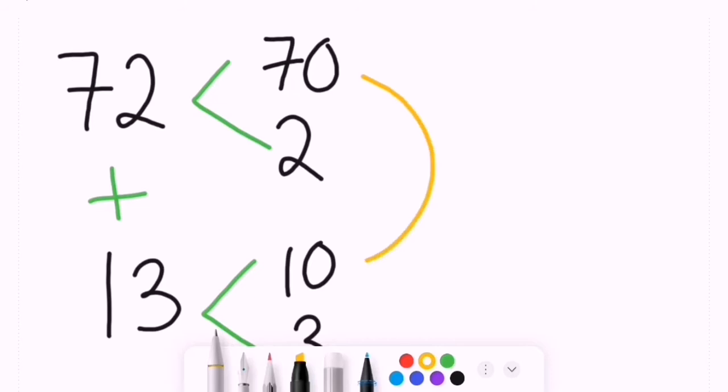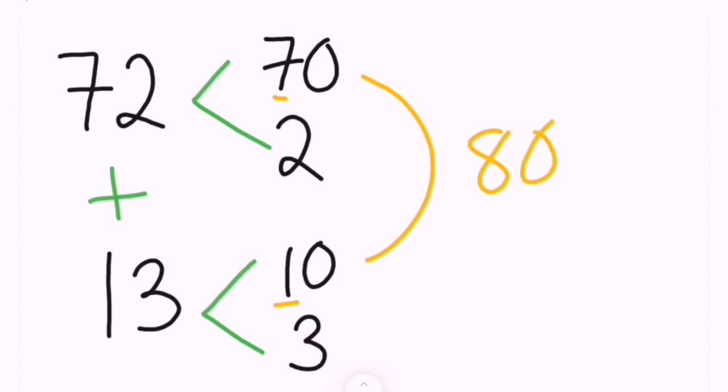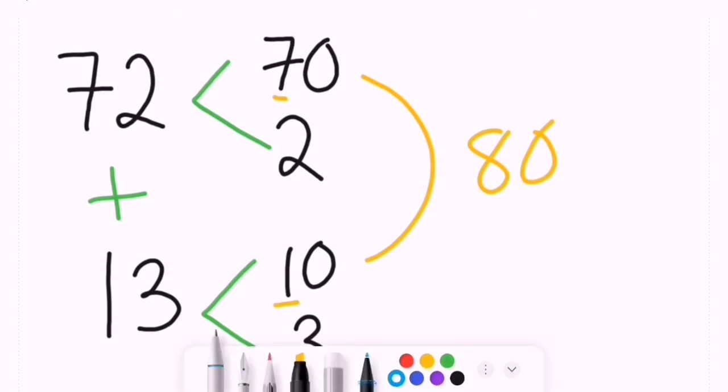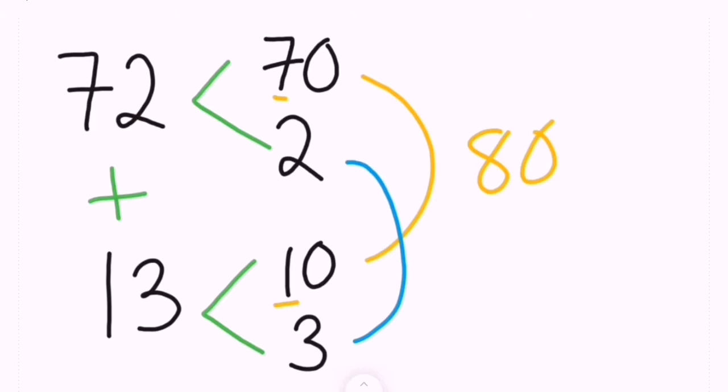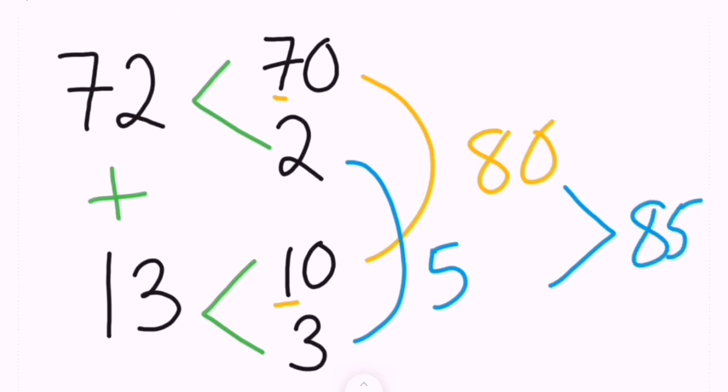If I add 70 and 10, if I use that method, I'll just add 1 and 7, which is going to be 8. Then I will put 0, and then I will go with 3 plus 2, which is going to be 5. And lastly, I will add 5 and 80, and I'll have 85.